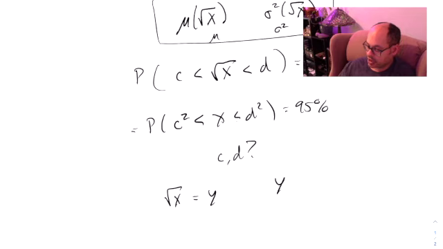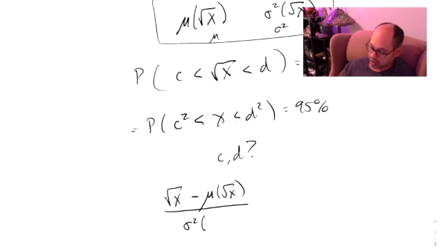The square root of x is a perfectly good thing to say. If you take the square root of x, subtract off its mean, mean of root x, and divide by its standard deviation, then you'll get a normal variable z, right?